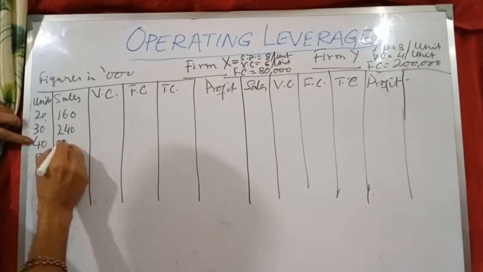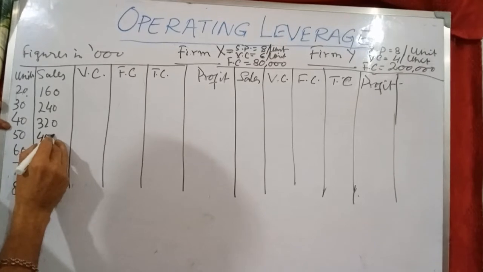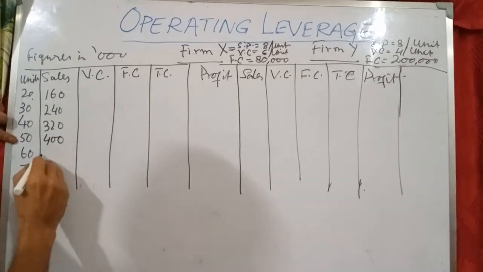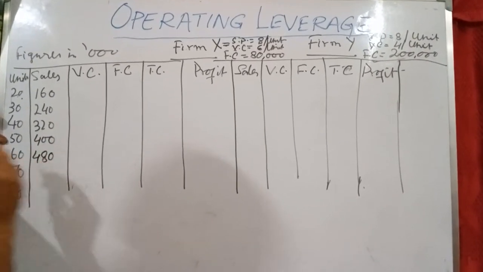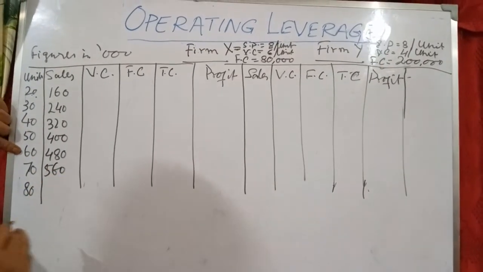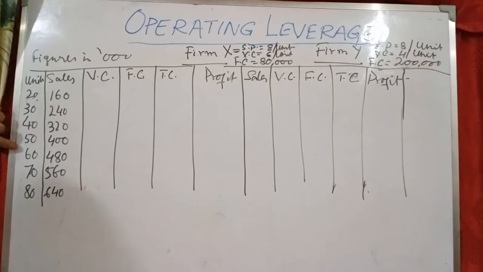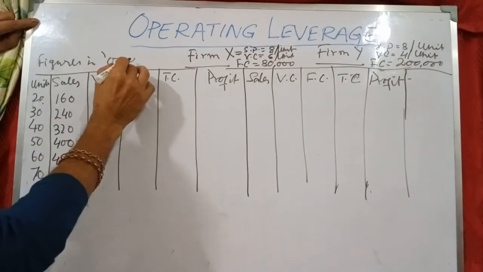Here it will be 320, here it will be 400, 480, this will be 560, and this will be 640, right? Figures are in 1000.